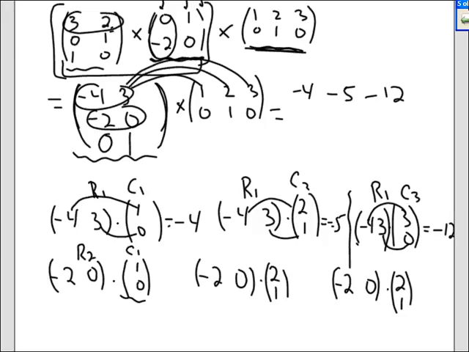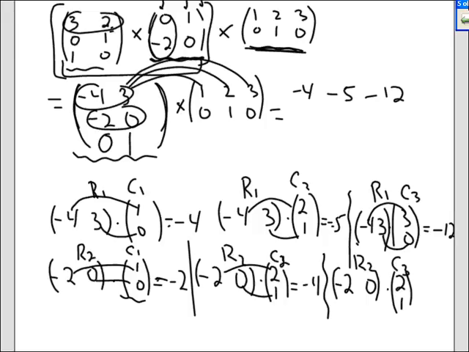Row 2, column 1. Row 2, column 2. Row 2, column 3. Negative 2 plus 0 is negative 2. Negative 4 plus 0, negative 4. Negative 4 plus 0 is negative 4.